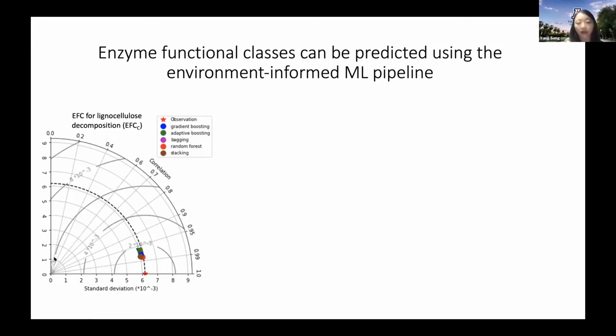Another thing we can learn from this figure is that the red star indicates the standard deviation of the observation data, which means the omics data we used to train the machine learning model. If we look at each of these values, the closer they are to this one, the smaller the prediction error.